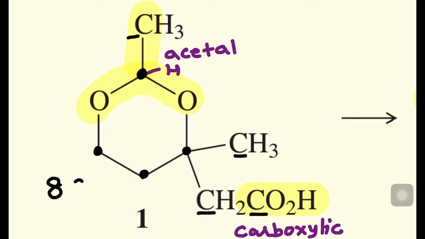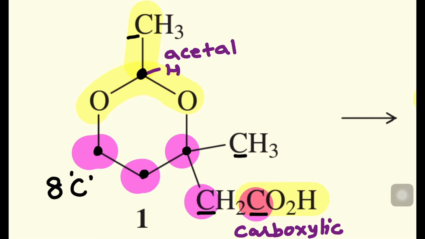So there are 8 carbon atoms in compound 1. We can say it like this is the first one, second, third, fourth, fifth, sixth, seventh, eighth. These are the 8 carbon atoms that are present in compound 1.